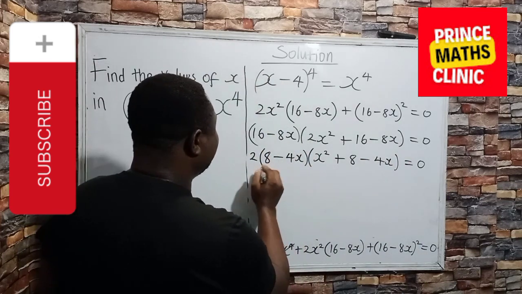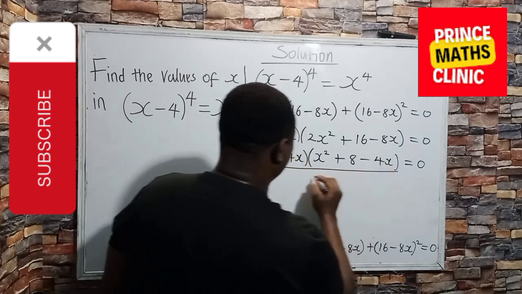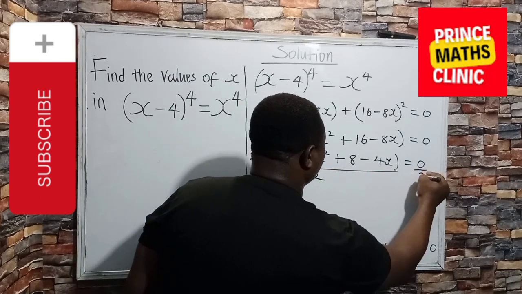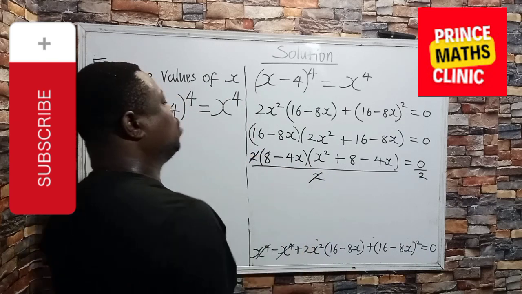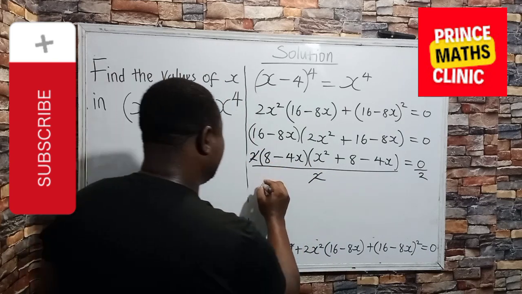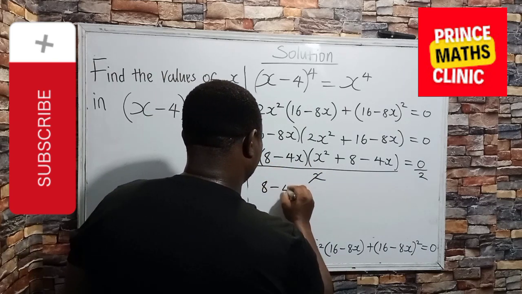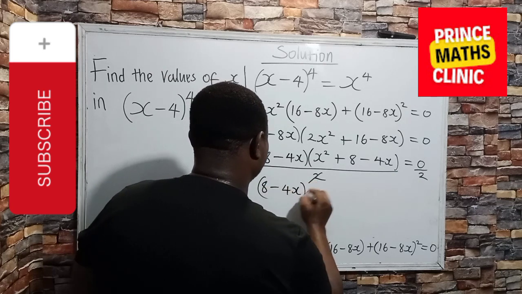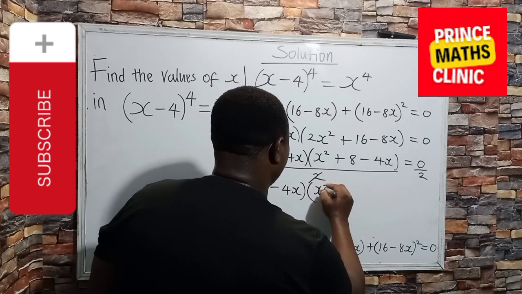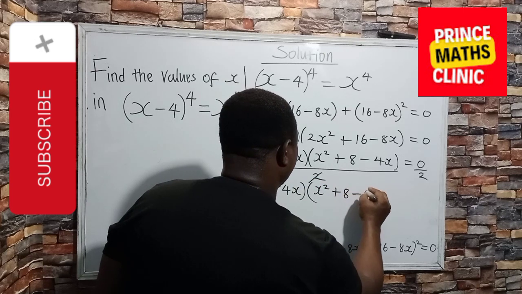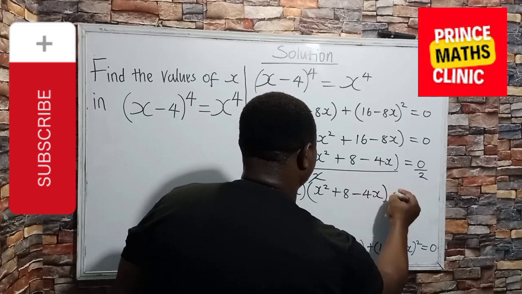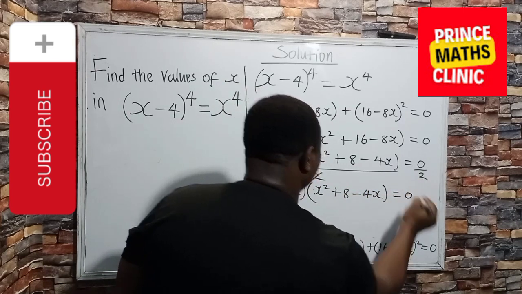If I divide everything here by 2, 2 will cancel 2. So I'm left with (8 minus 4x) in one bracket and (x squared plus 8 minus 4x) equal to 0 over 2 is 0.